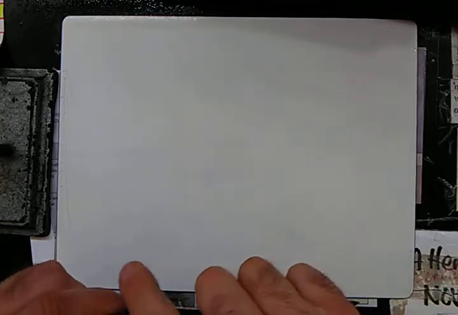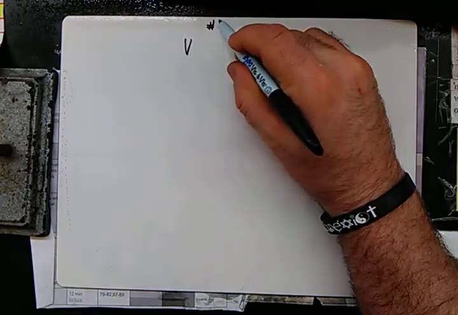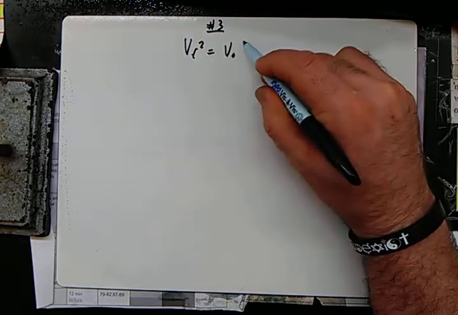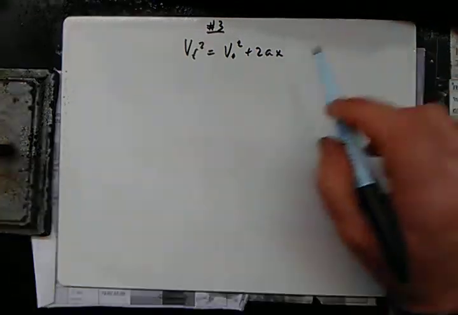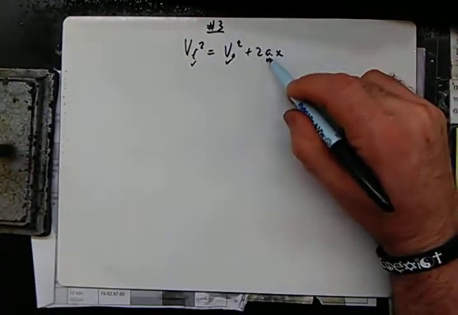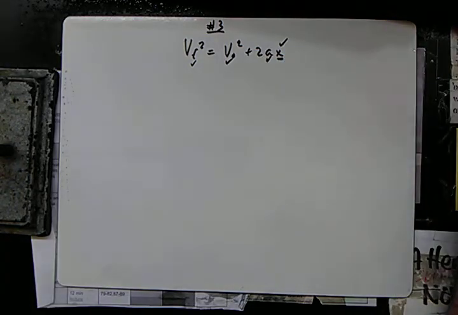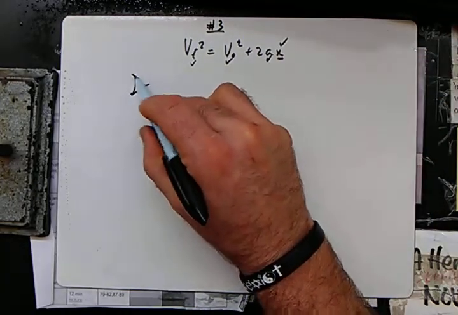Okay, we're getting into the final stretches of this last formula. This is again number 3 still. VF squared is V naught squared plus 2AX. So we did this, we did this, we did this, and now we're going to look for how far. Okay, so let's just look at like a little fish friend.